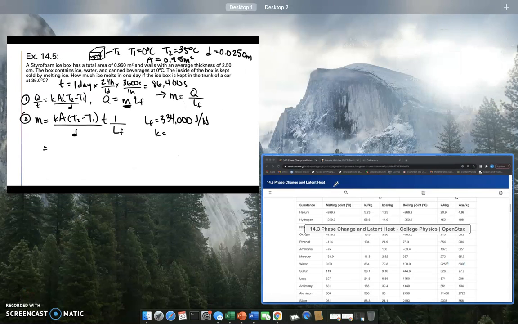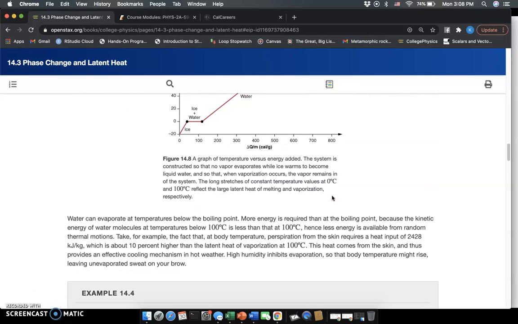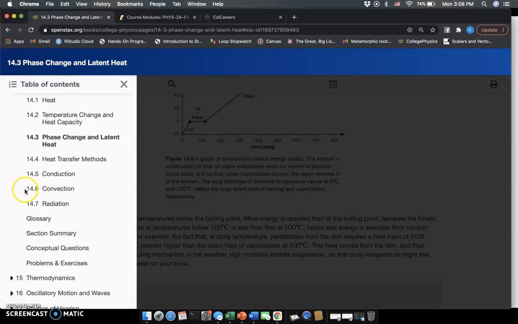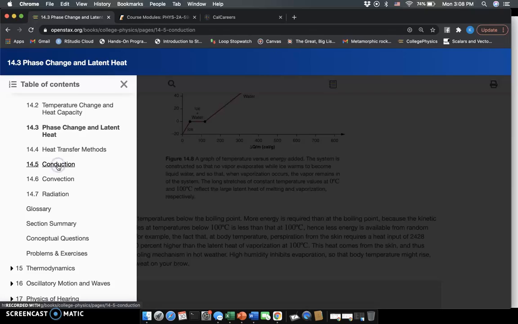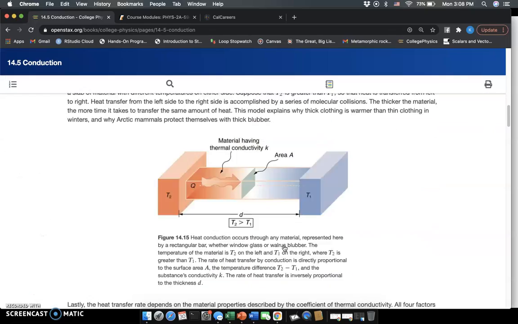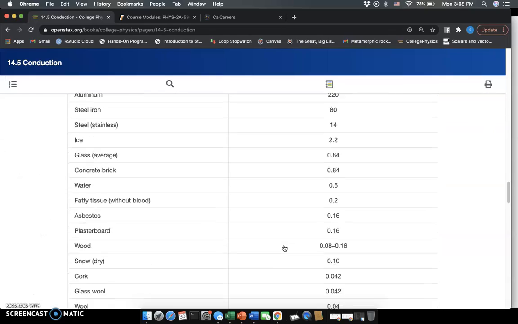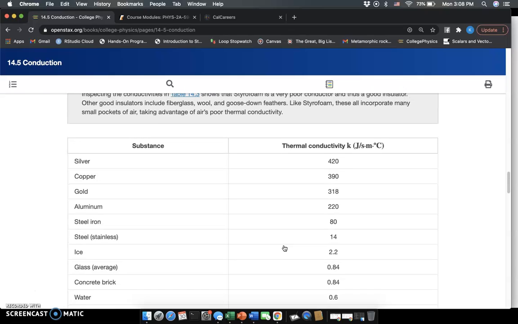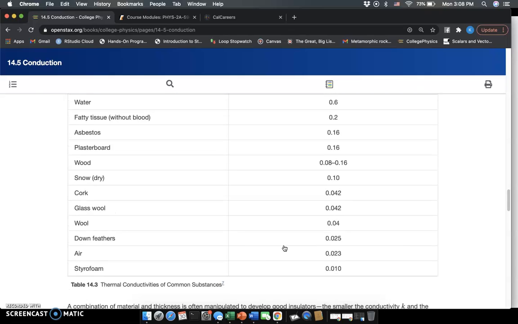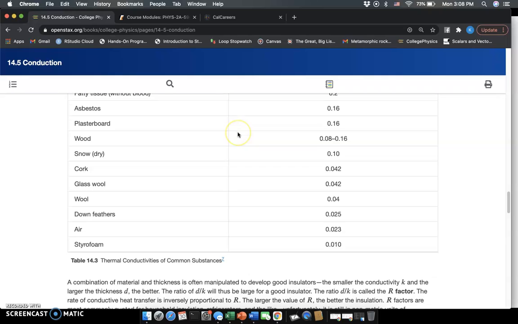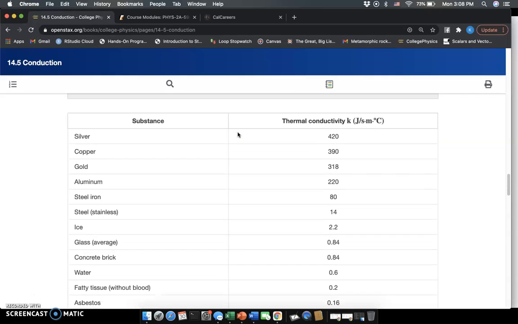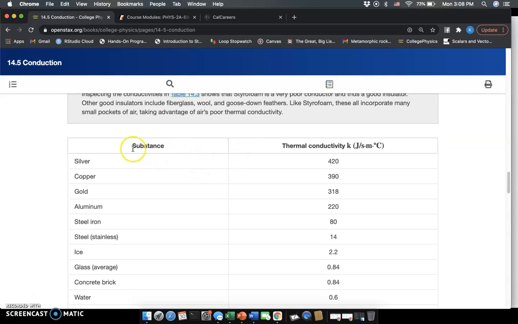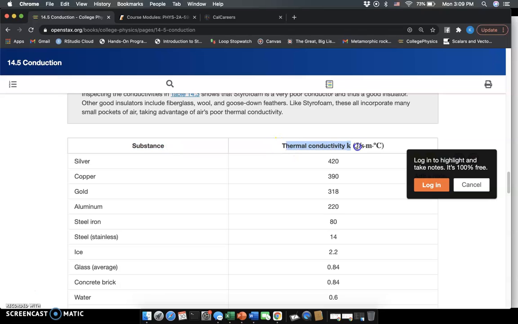Let me show you where that is in the textbook. Okay, so we're going to go to conduction. So here it is in this table, 14.3. And again, we're looking for styrofoam. So this is going to be our substance and our thermal conductivity.